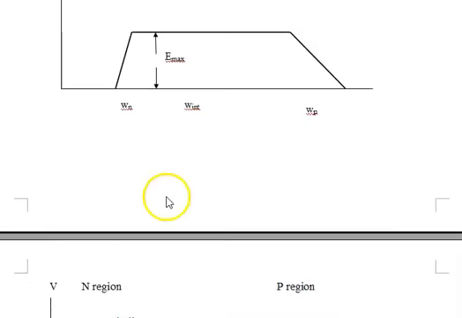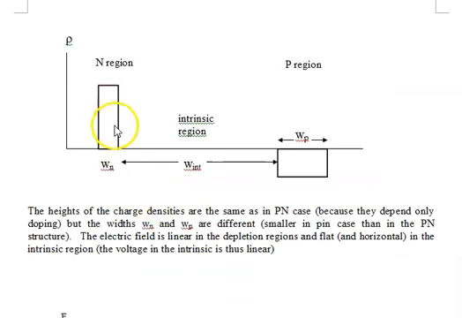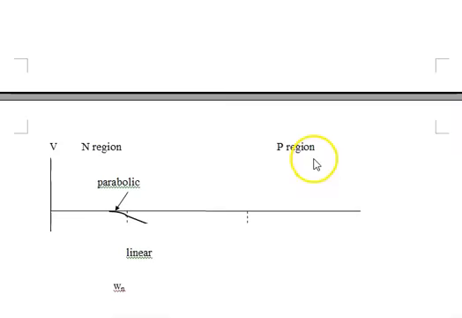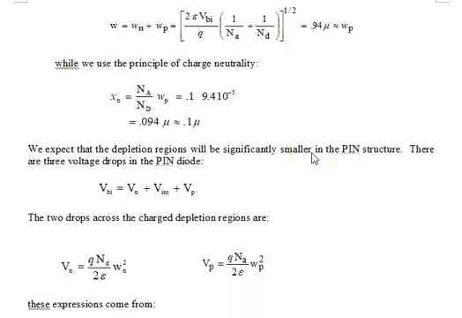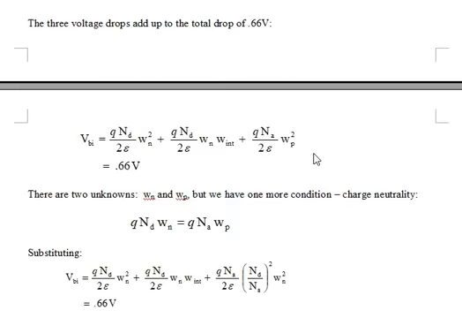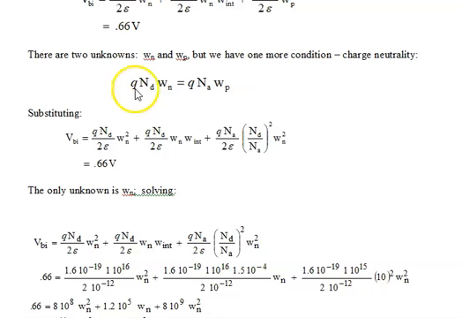This area is equal to this area. And that is exactly what we have here. The height times the width on the N region is equal to the height on the P region times the width of the P region. Here the height is higher, the width is smaller; there the height is lower, the width is wider.